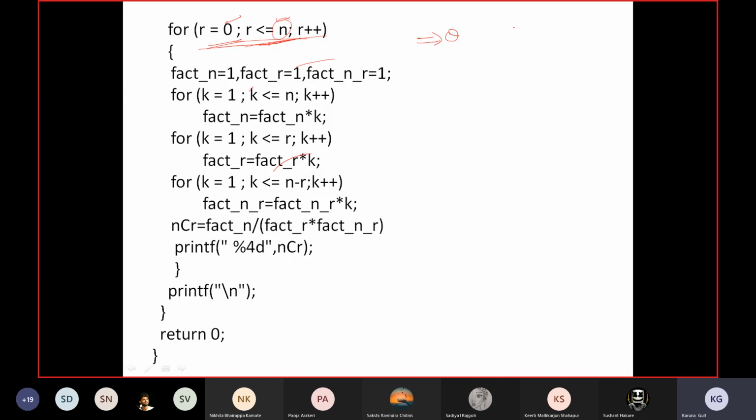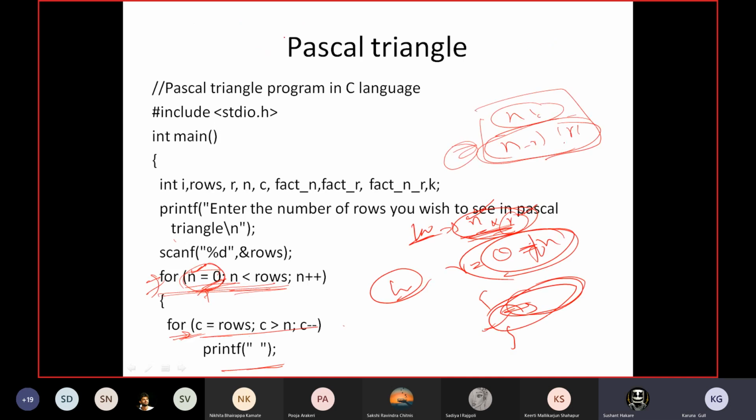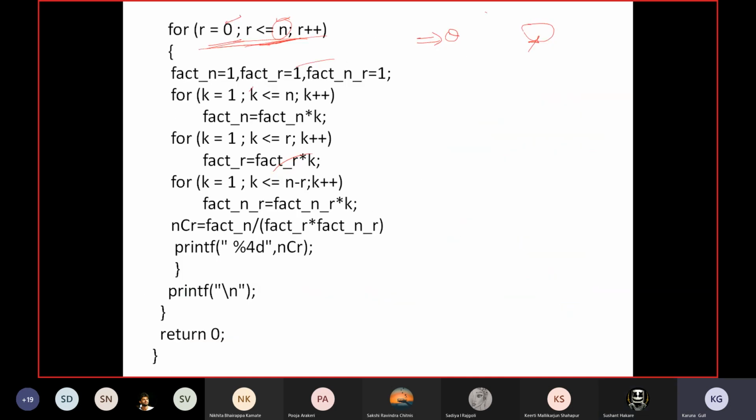How many values am I supposed to print here? One value. What is that one value? What is the n value in this case? If I am standing on the first row, n is equal to 0, and r is equal to 0. What is the value that I am going to print here? 1.